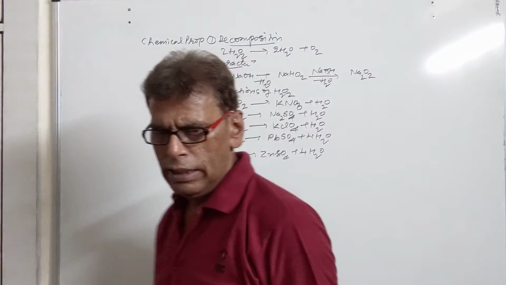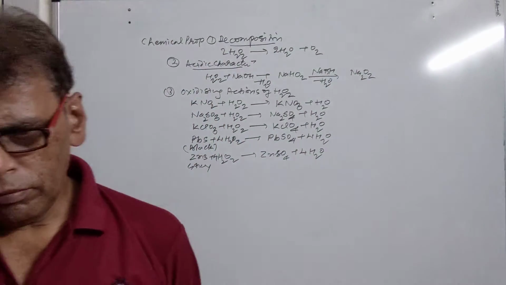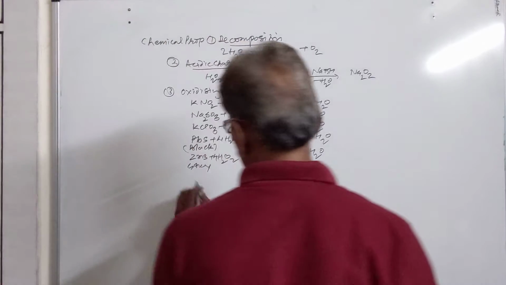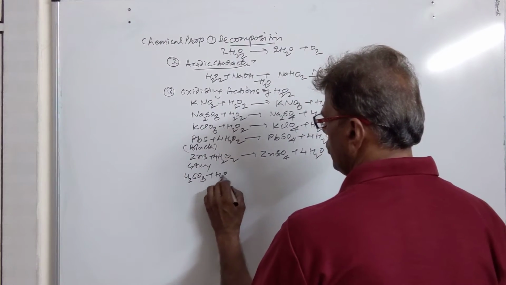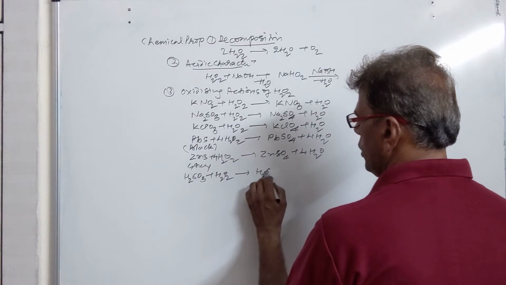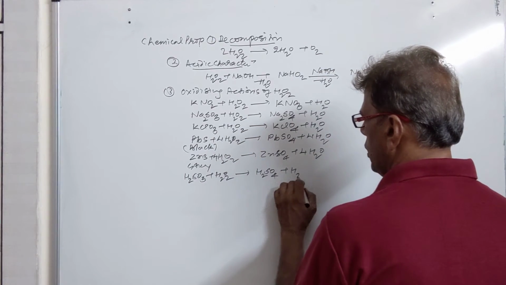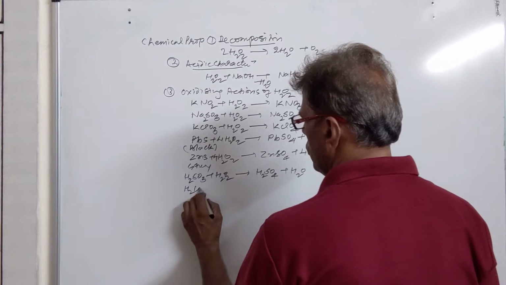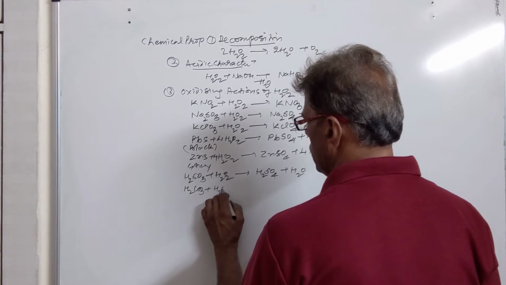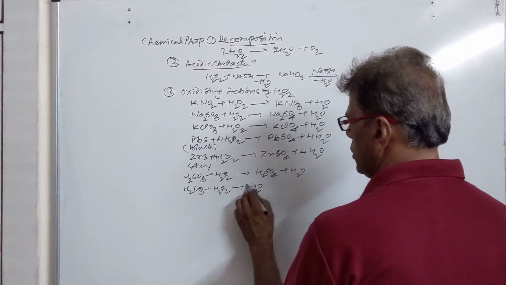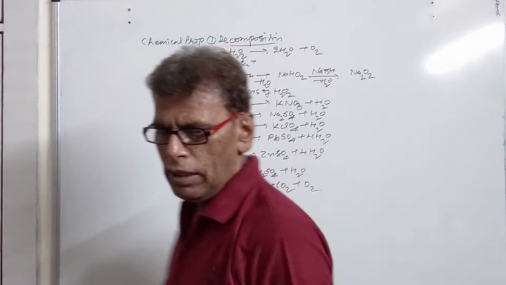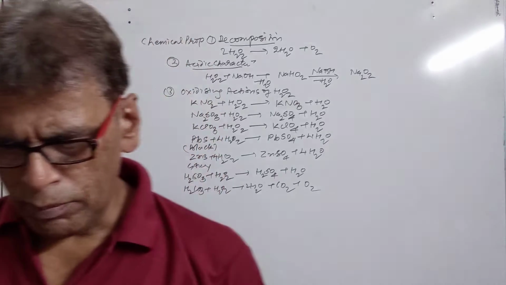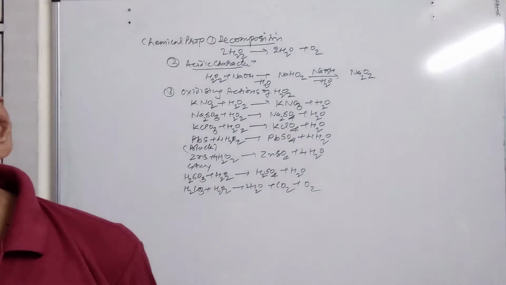So in these reactions we are converting the compounds. H2SO3 reacts with H2O2, giving you H2SO4 plus water. H2CO3 also combines with H2O2, giving you 2H2O plus carbon dioxide plus O2 gas. So these are the oxidizing reactions on the compound H2O2.